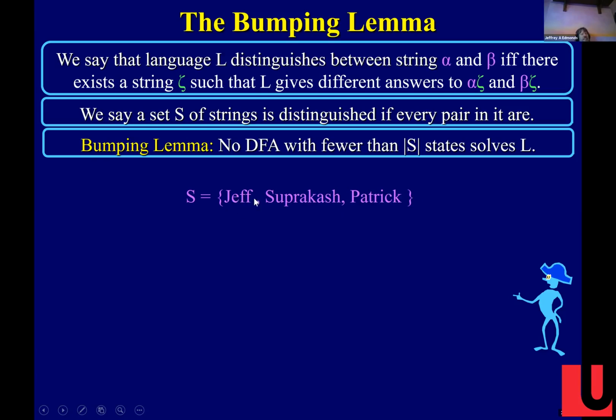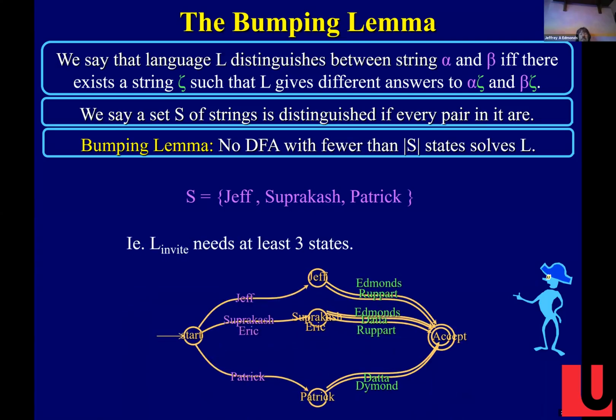Because Jeff and Supercash need to go into different states, and Patrick needs to be in a third state. That means if you're going to solve this, you need at least 3 states, maybe more, but at least 3, right? So no DFA that has fewer than |S| states can solve the problem. Does that make sense?